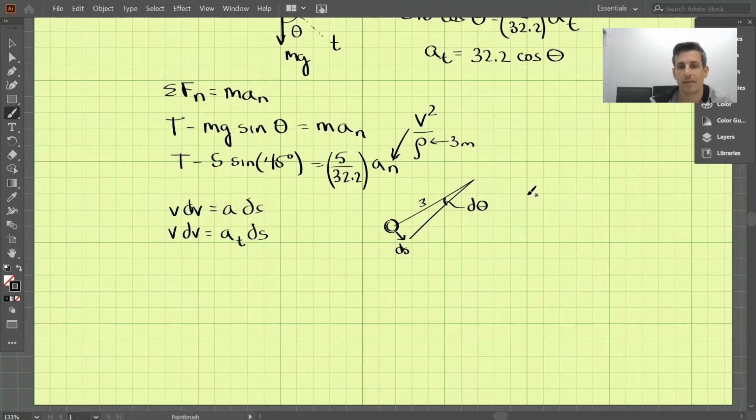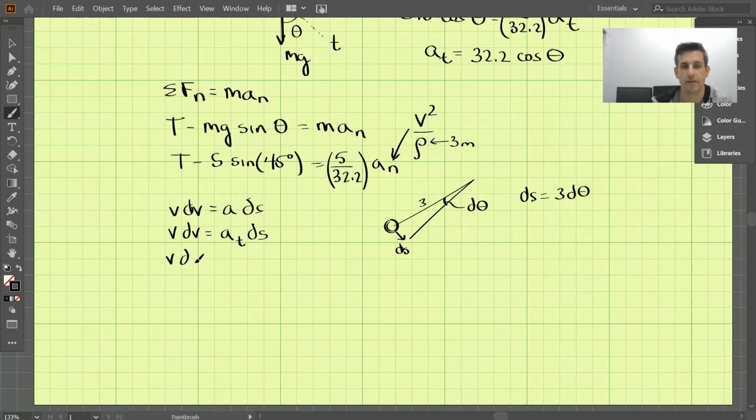So if we relate these two together, we know ds is equal to 3 times d theta. So d theta is that angle there, and we multiply those two together and we figure out this distance here. So we can sub that in.